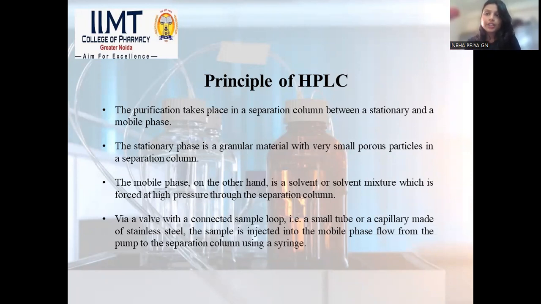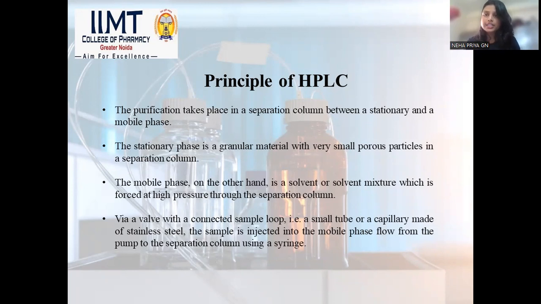From the solvent reservoir, the solvent or the mobile phase will run towards the column. The sample is given by the injector, and the stationary phase is always present within the column. So when the column gets all three components required for separation, it will do the separation.